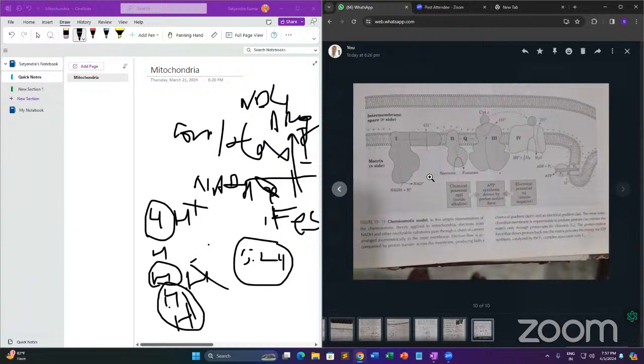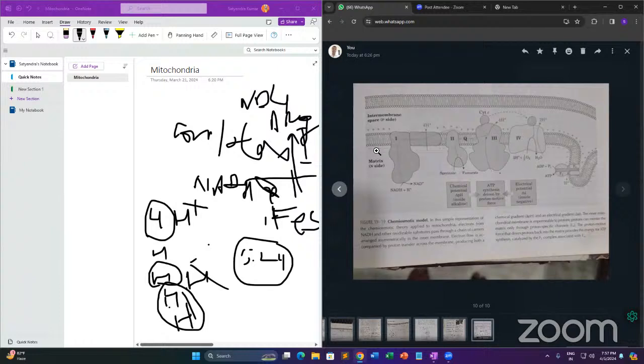Because the protons from the matrix are exported to the inner membrane space across the mitochondrial membrane through the F0, F1 complex, the inside becomes more and more negative, and the outer one becomes positive, so that it creates the electrochemical gradient.